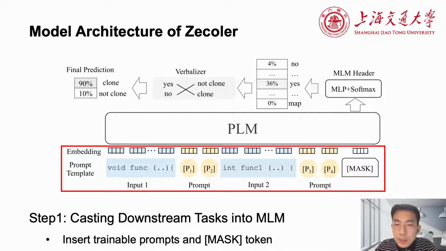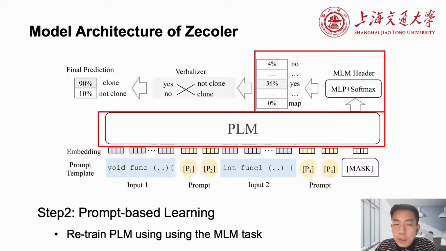First, we cast any downstream task to the pre-trained task by inserting a trainable prompt and a mask token into the input of the task. The mask token acts as a placeholder, which steers the pre-trained model to generate the classification result in the code intelligence task.